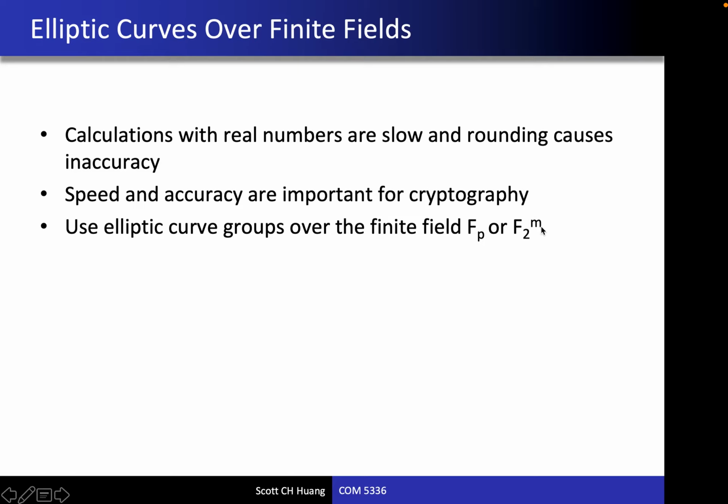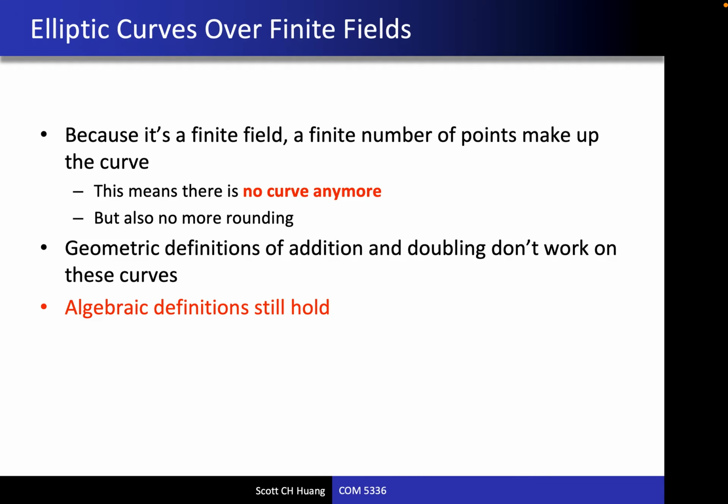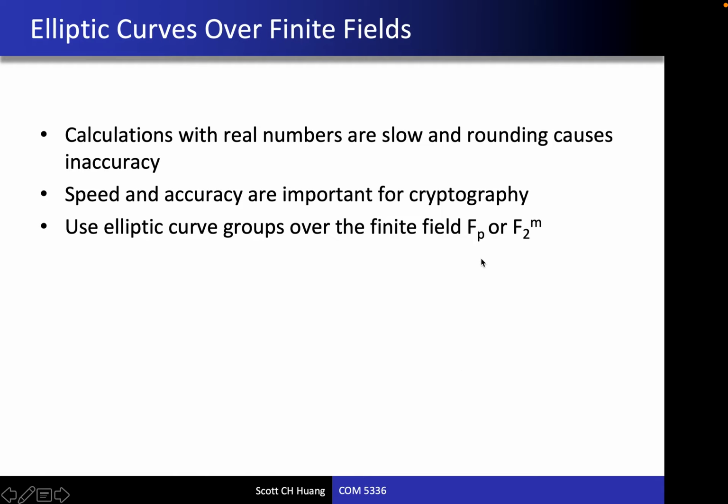We only use these two finite fields, and I believe these are the most practical. For GF(p), like our earlier example GF(61), we have a special name: this is called a prime field, because the number is a prime number.